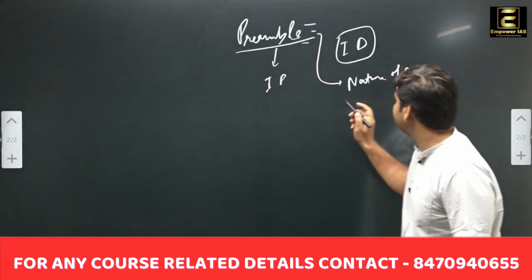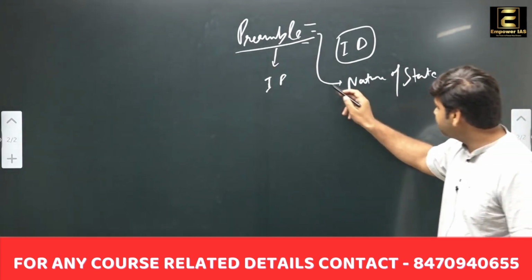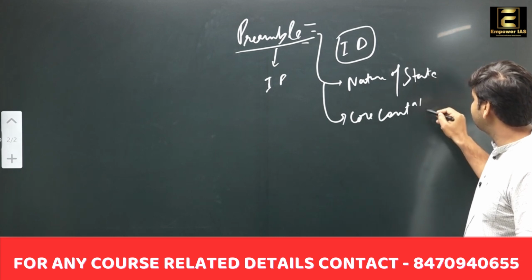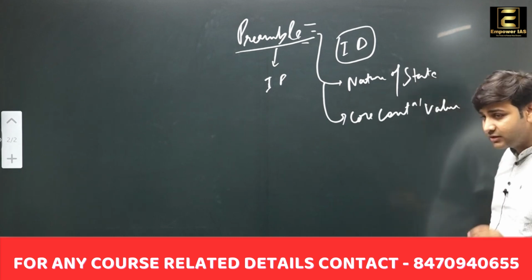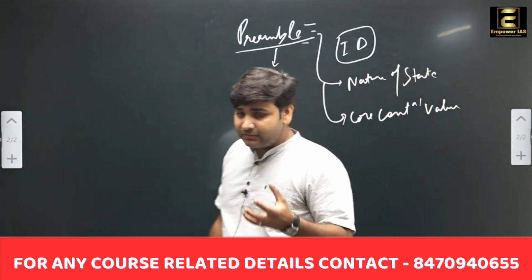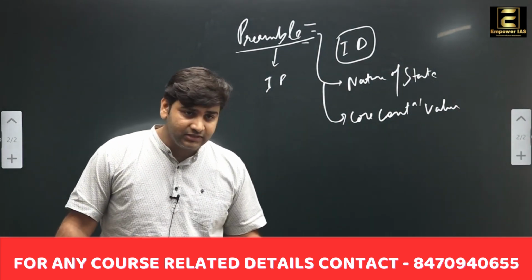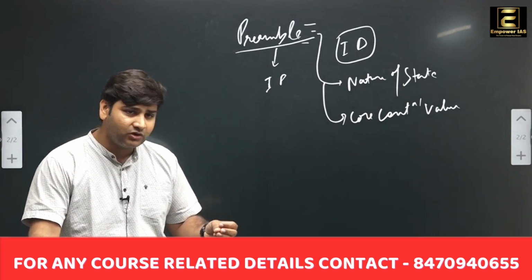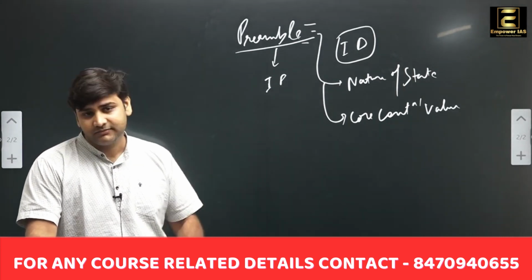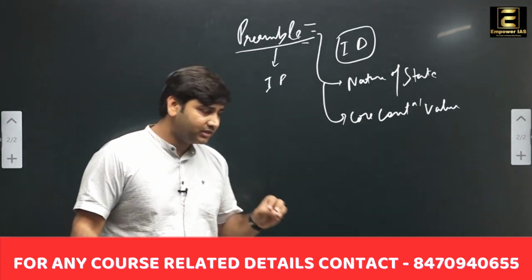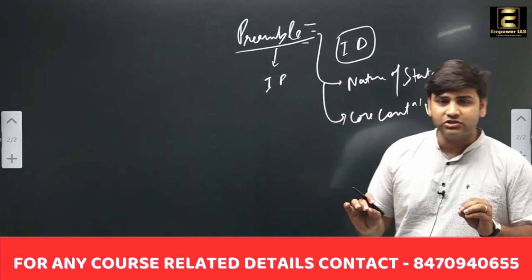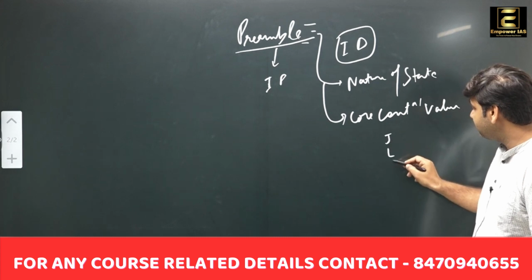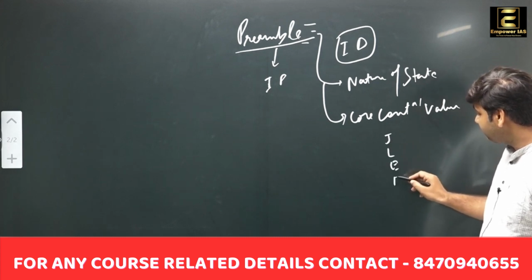So it contains, first, the nature of the state. Second, the core constitutional values. What are the core constitutional values? Indian polity, Indian democracy, the Indian state is based on the concepts of natural justice. Every human being here has been provided with several constitutional and human values, which are justice, liberty, equality, and fraternity.